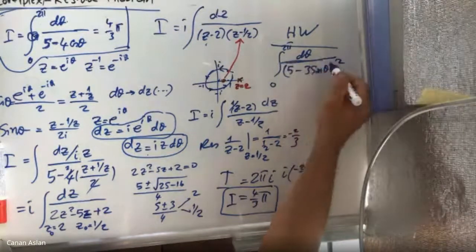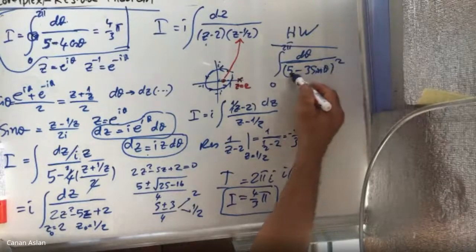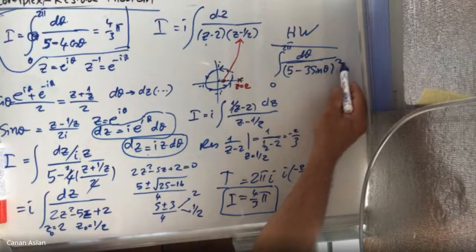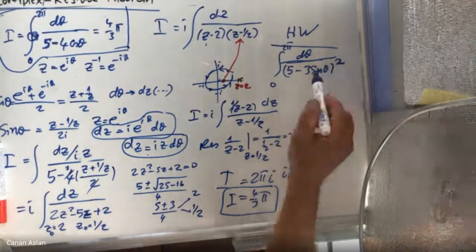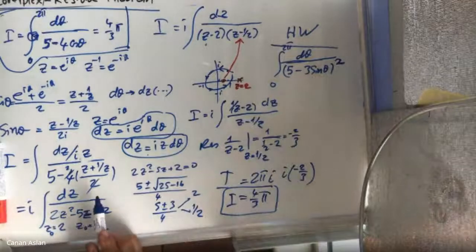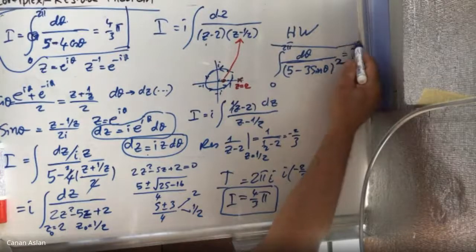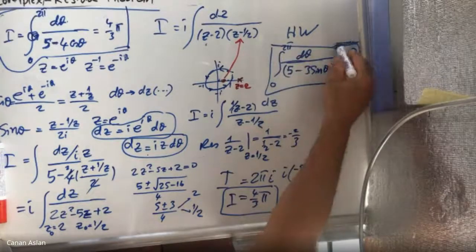Don't forget, you can get the zero by setting the whole denominator to 0, but now this will be second order. Second order means that you will have to take the derivative twice. So how can you get this integral?